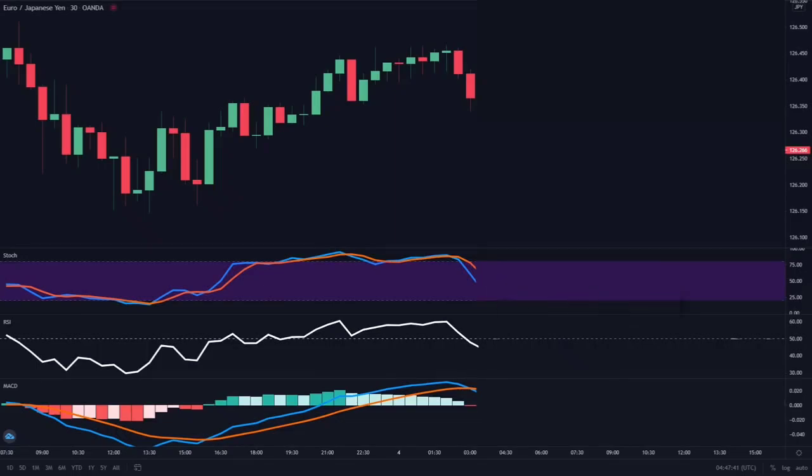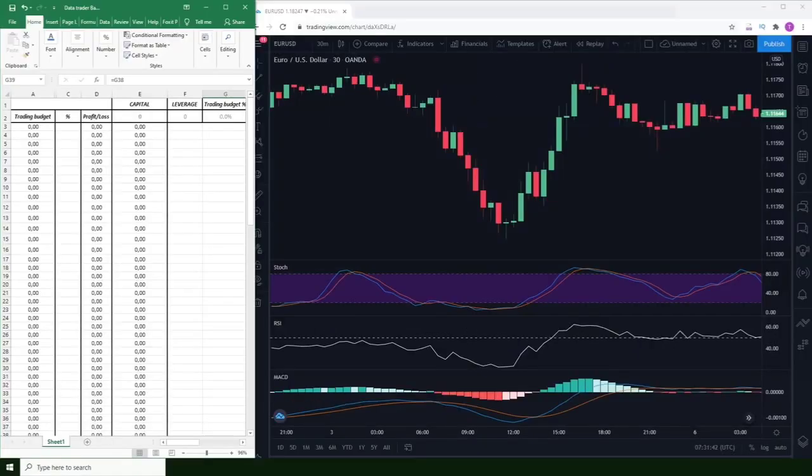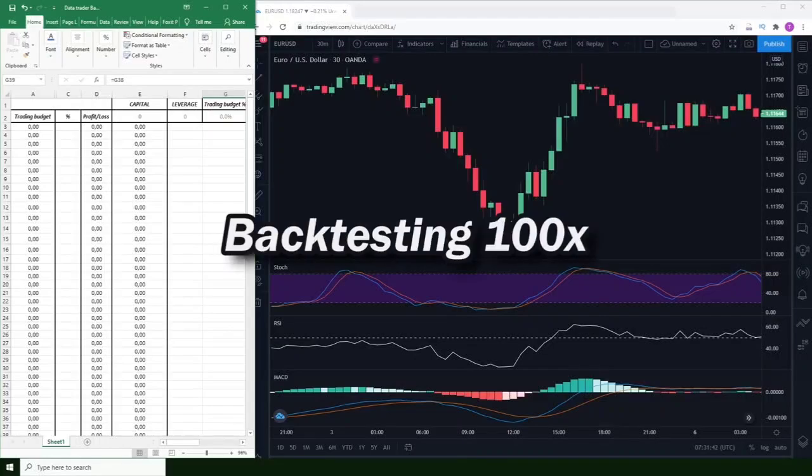Once this happens, you take a sell position. And for your stop loss, you place it above the nearest swing high and set your profit target at 1.5 times your stop loss. So now, I'm going to prove that this strategy actually works by backtesting it 100 times.